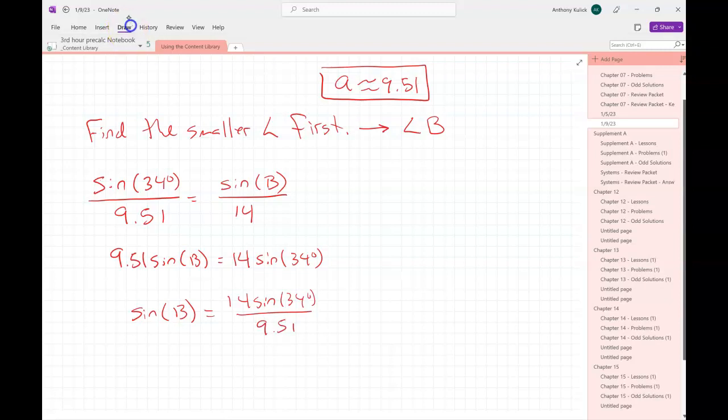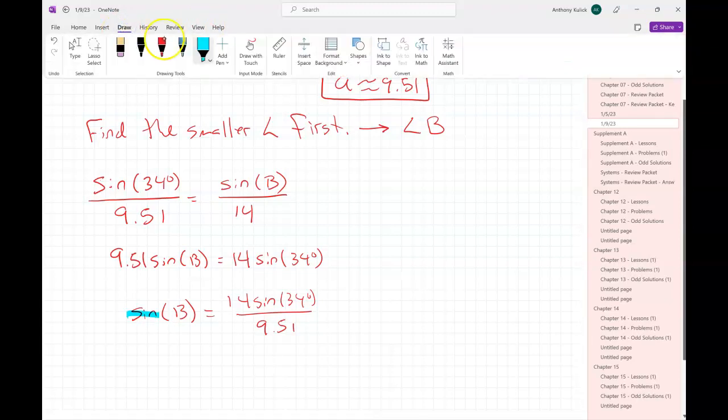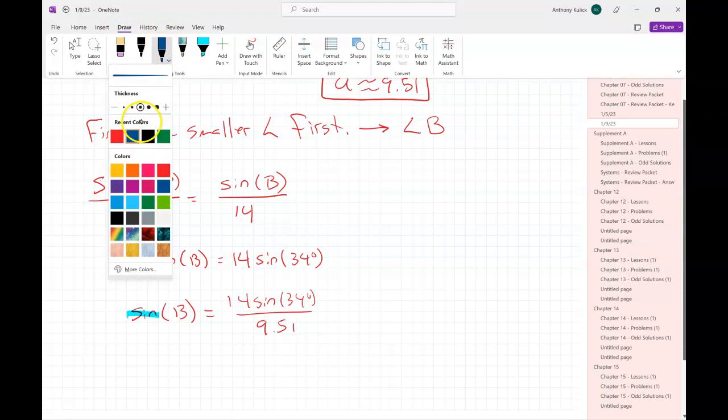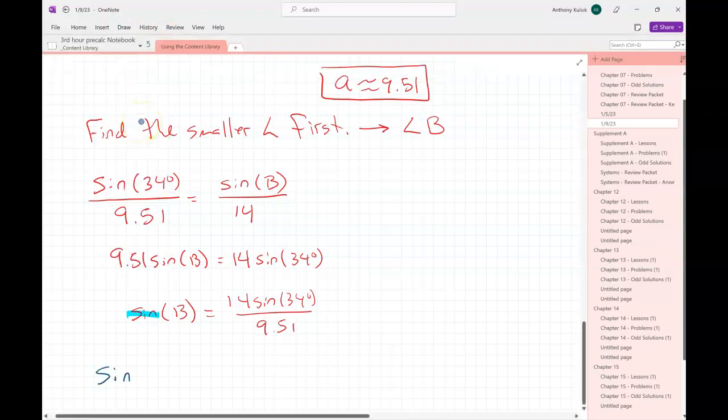And then, do you guys remember how I get rid of this sine that's out front of my angle? What cancels out a sine? Inverse sine. Very good. Sine inverse.